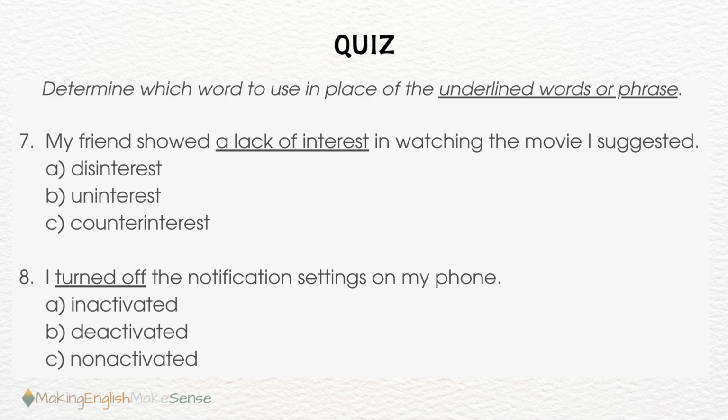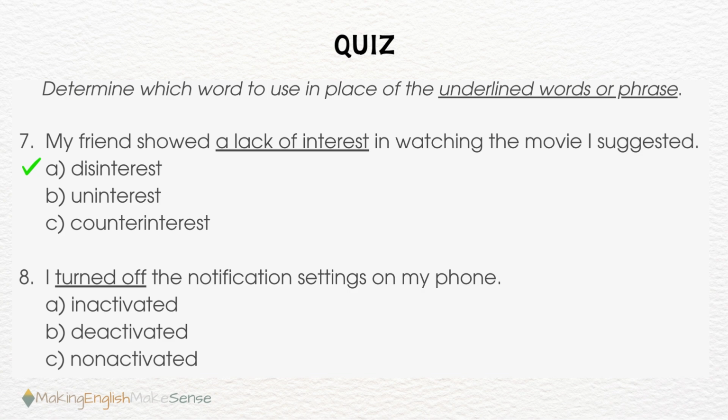So which of the following words can be used in place of that phrase? Is it A, disinterest, B, uninterest, or C, counterinterest? And the answer to number 7 is A, disinterest. The word disinterest here uses the privative meaning of the prefix dis.